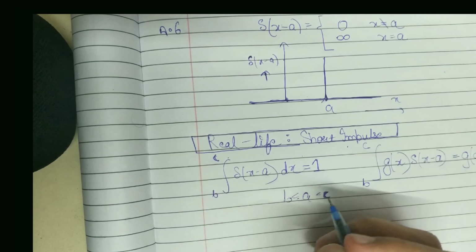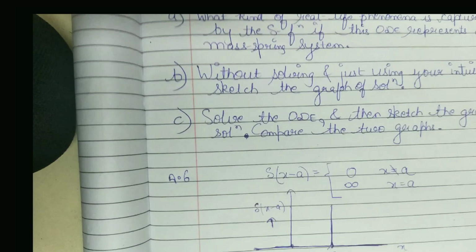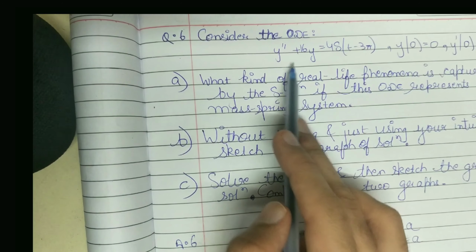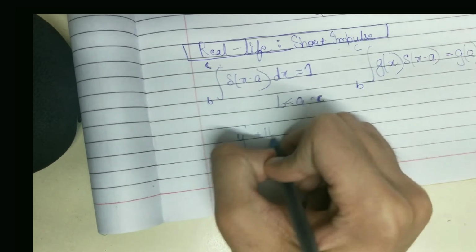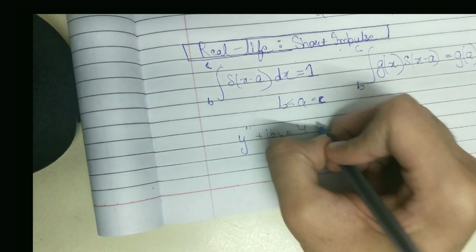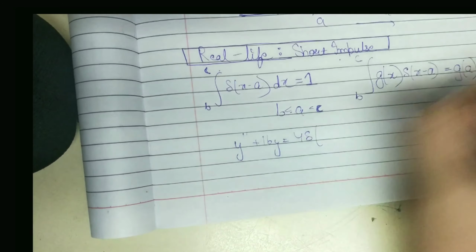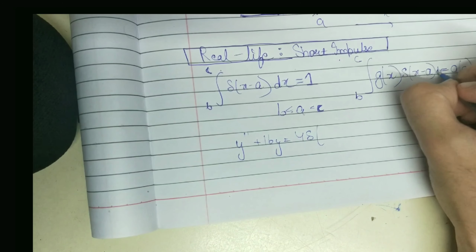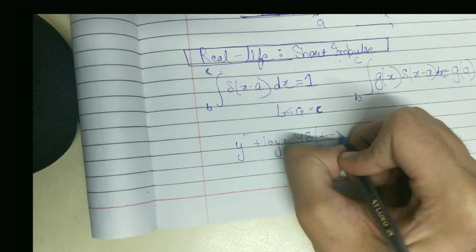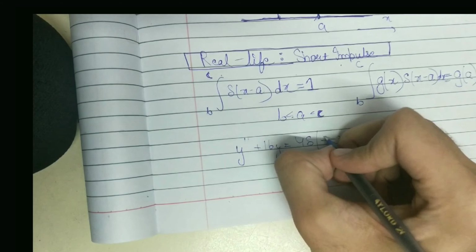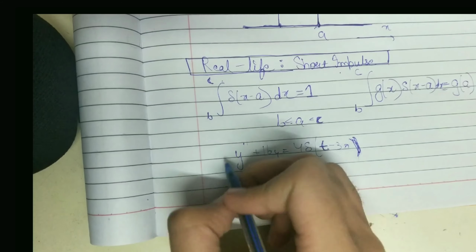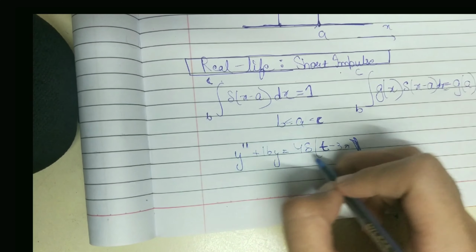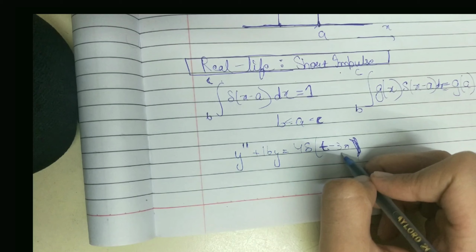Now, another thing I want to add: if we look at this general equation, the non-homogeneous linear ODE given to us, y double derivative plus 16y is equal to 4 delta(t minus 3 pi), this represents a mass spring system with the external force as a Dirac delta function.